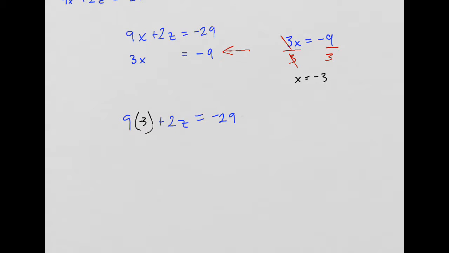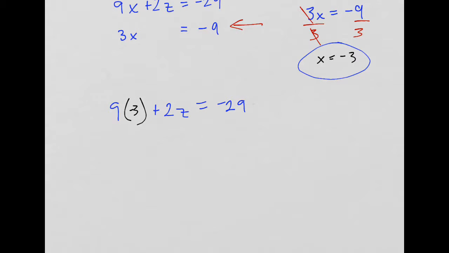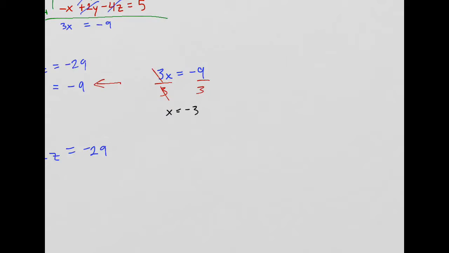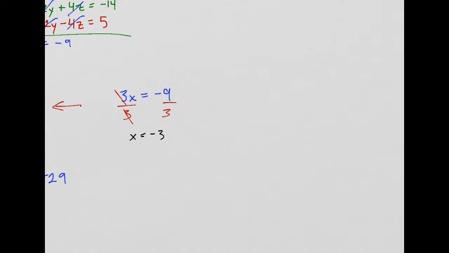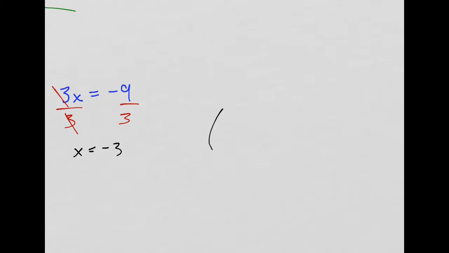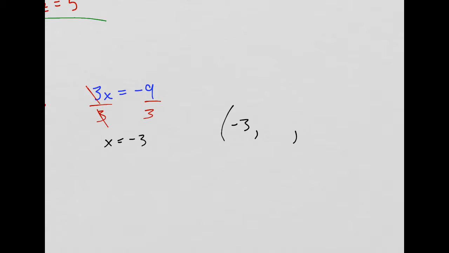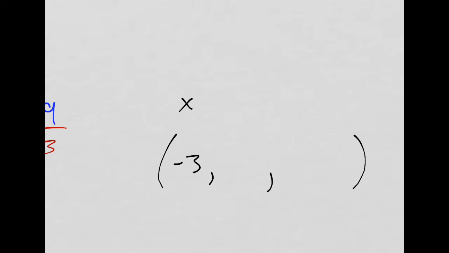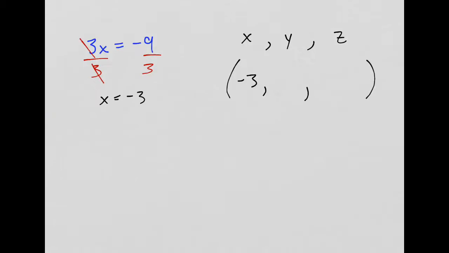So I already have x. So that's my first entry in my ordered triple. So negative 3. I'll have a y and then a z. So some people might be unfamiliar with this. X goes first, y goes next, z is just alphabetical order, z goes last.